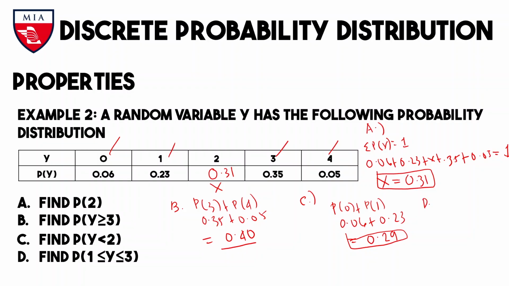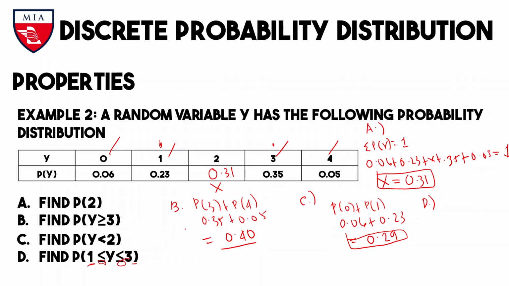Last, we have letter D. For letter D, find the probability if y is greater than or equal to 1 and y is less than or equal to 3. If we observe the scenario, y equal to 1 and y equal to 3 are automatically considered.